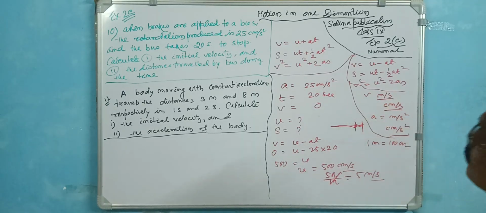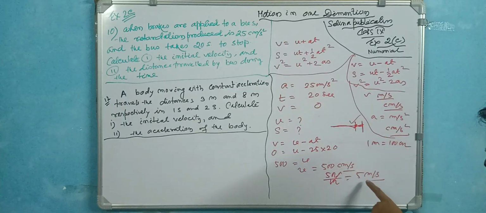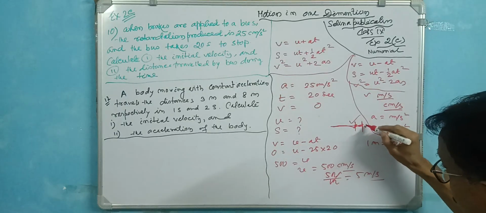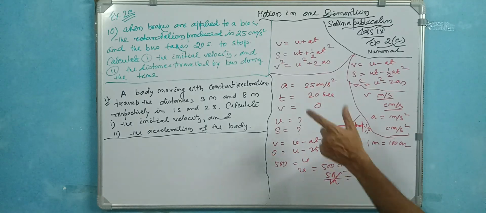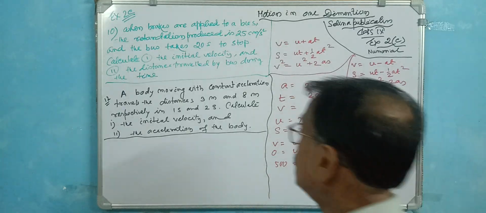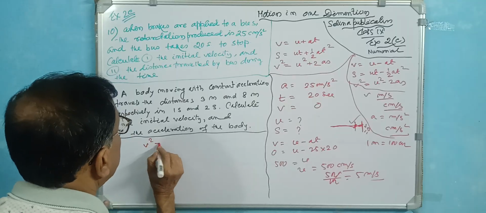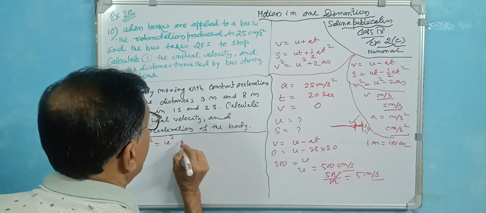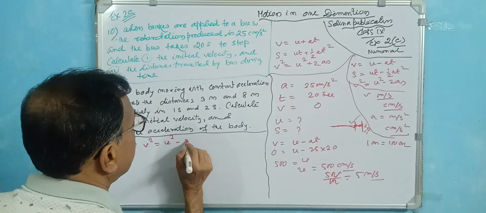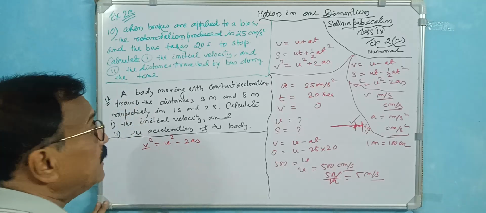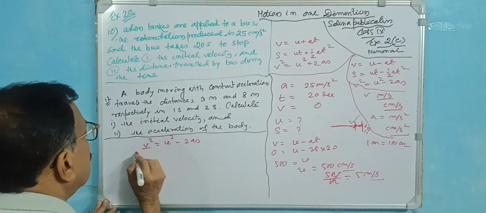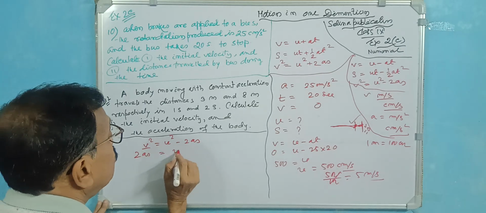Here you know the initial velocity, 5 meters per second. Here V, the final velocity, is 0. That means you apply the formula V square is equal to U square, and here is a retardation, so minus 2AS. Ultimately V is 0, that means you shift: 2AS is equal to U square.